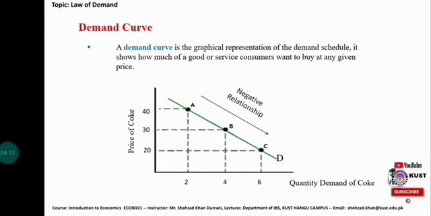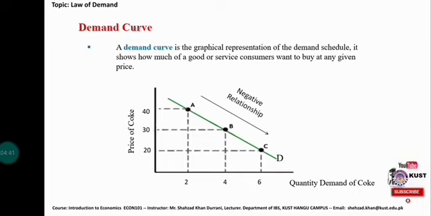Now, the demand curve. We can understand this concept of the law of demand from a demand curve as well. So what is a demand curve? A demand curve is a graphical representation of the demand schedule. It shows how much of a good or service consumers want to buy at a given price. So it's a graphical representation of the table of the demand schedule, or of the law of demand.